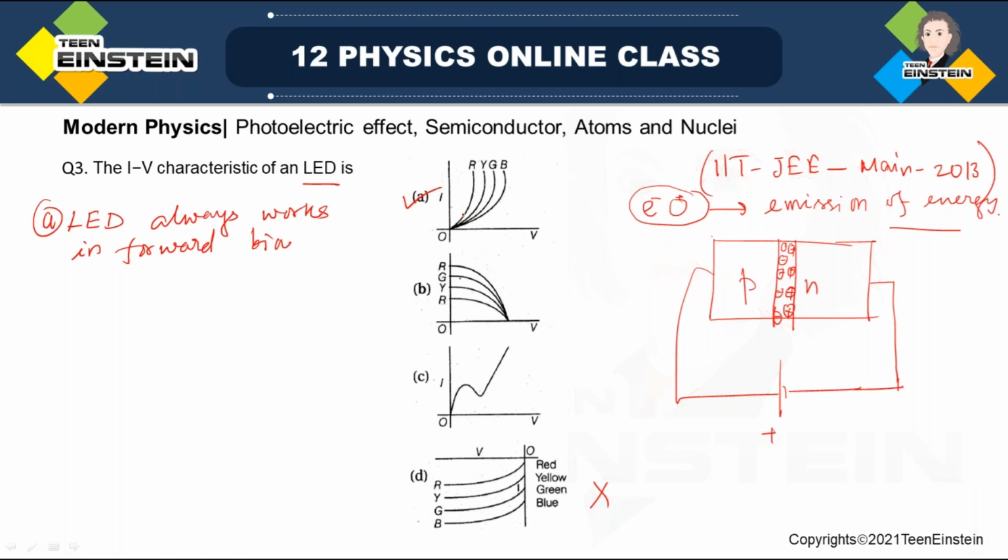This is the correct one, because you know current in case of a PN junction diode in forward bias goes like this. So this is I, this is V. In forward bias, current goes like this. So this is actually the IV characteristics of LED. Because of recombination of electron and hole, there will be emission of energy as radiation.